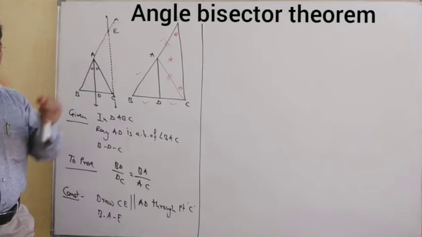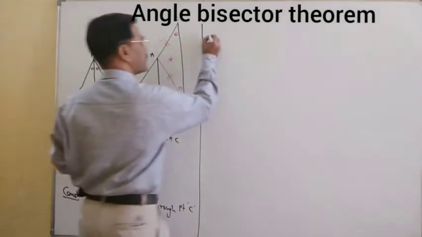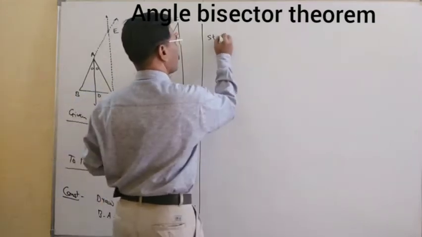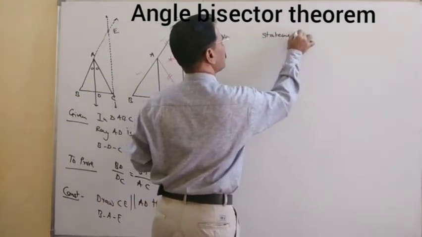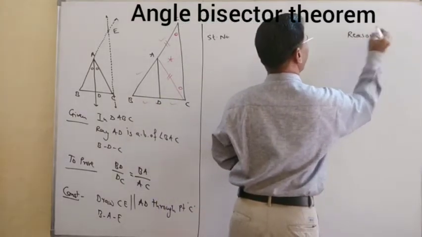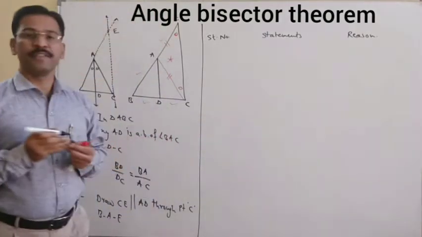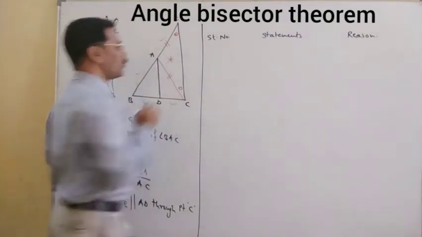Understand? Let's go step by step, we'll write first. Okay, see first. Statement and reason. Yes, every time don't forget to write the reason, which is very, very important. See first. Where are we going to observe here?